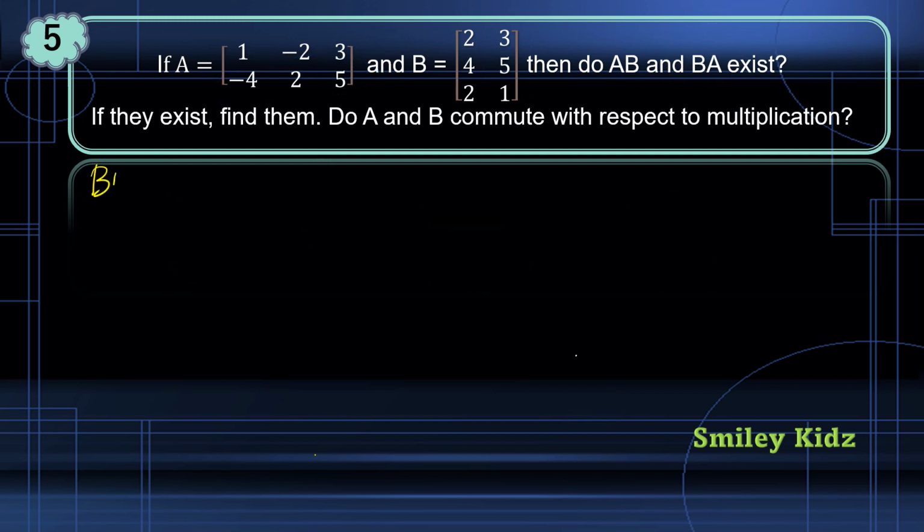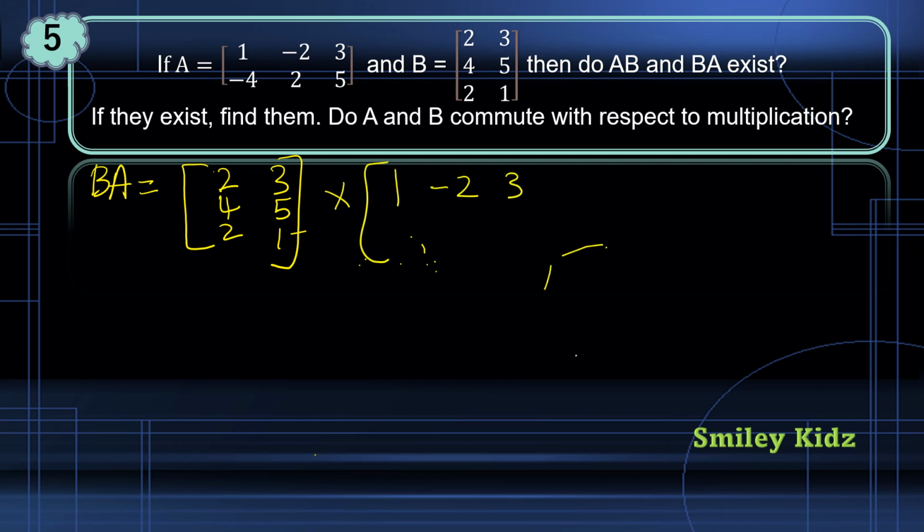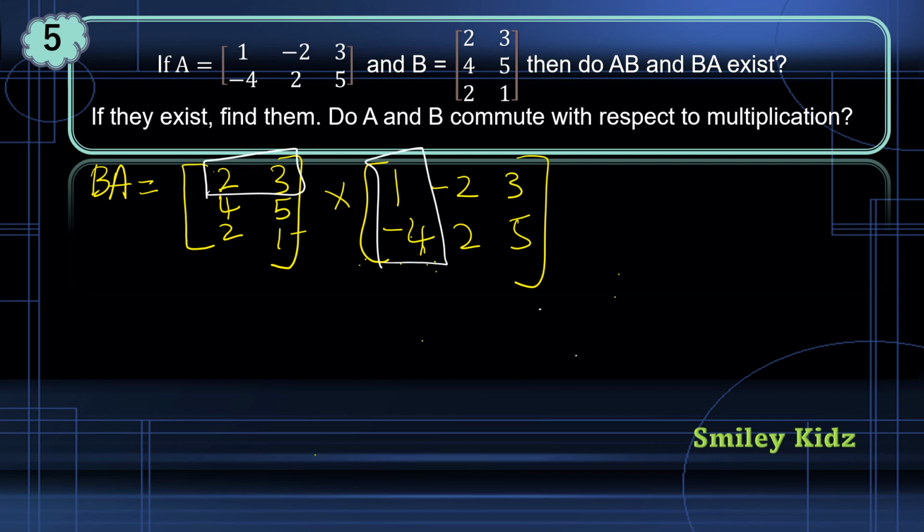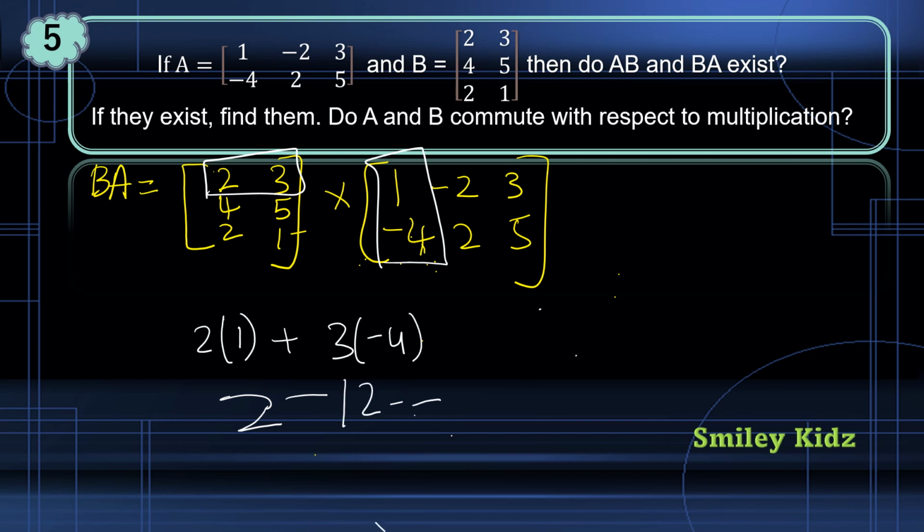Now BA is equal to the matrix 2, 4, 3, 5, 1 into 1, minus 2, 3, minus 4, 2, 5. Fine. Now take the first row. With the first column, that is 2 into 1 plus 3 into minus 4. That is 2 minus 12, that is equal to minus 10.